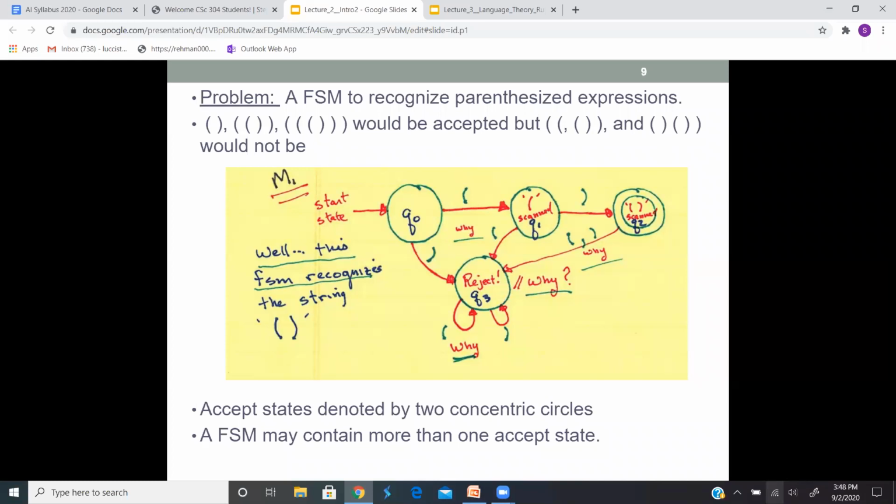So if the string left paren, right paren comes in, the machine, M1 of course, finds itself in state Q2, which means the string that got us there. So corresponding to every input string is a path through the machine, one unique path.